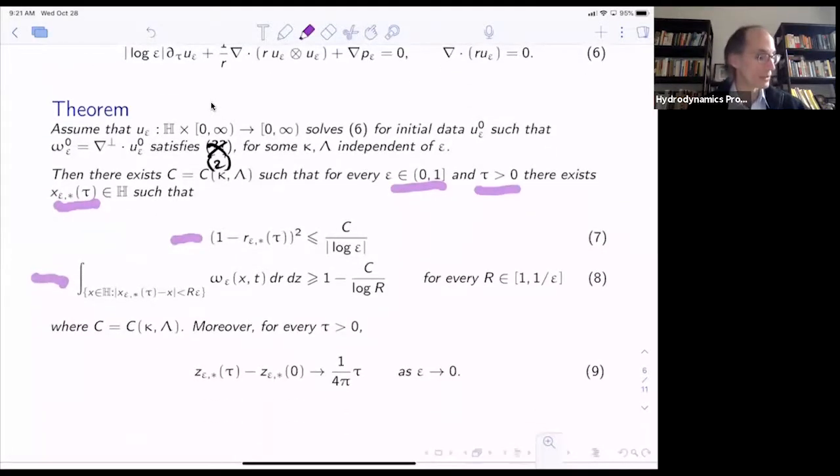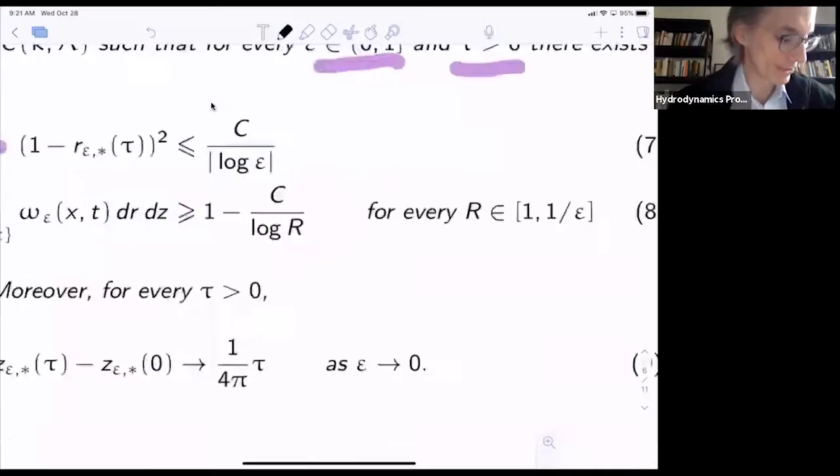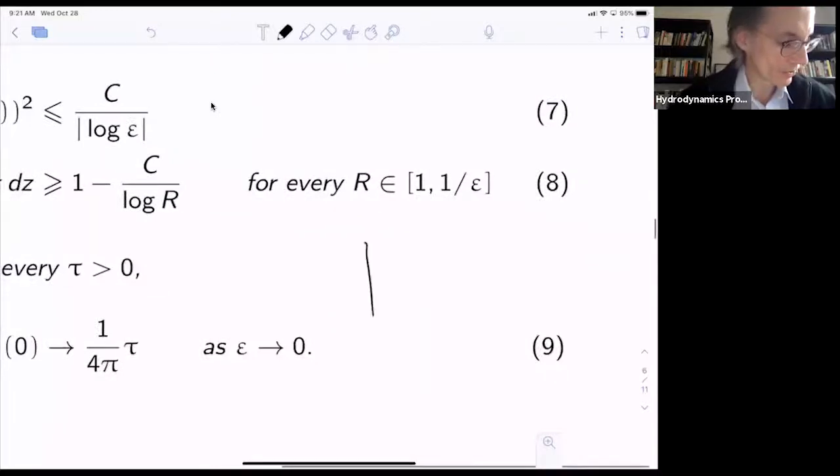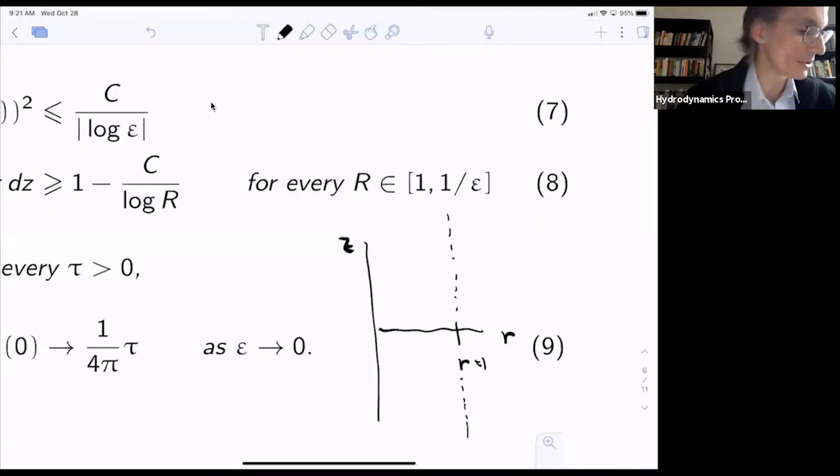The only new part is this one. A picture is, let's draw a picture here. We have the RZ plane, and let's say here's r equals 1. We have some initial blob of vorticity, which is near here.